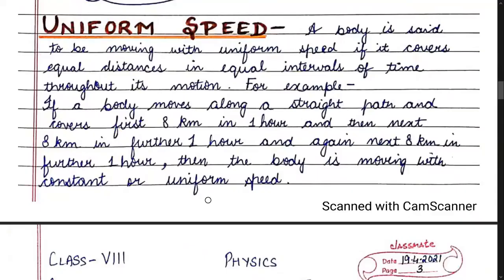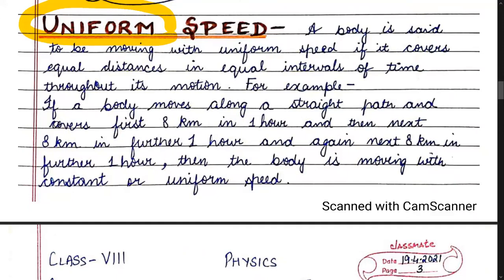Now coming to the next topic, that is uniform speed. Children, the word uniform means constant. That is same. When you are coming to school, you all are wearing uniform. That means you all are wearing the same kind of dress.